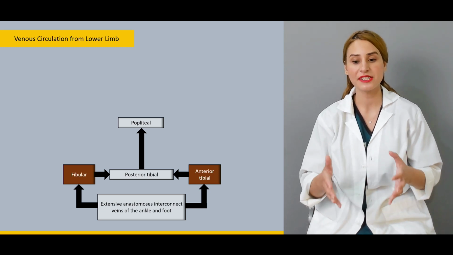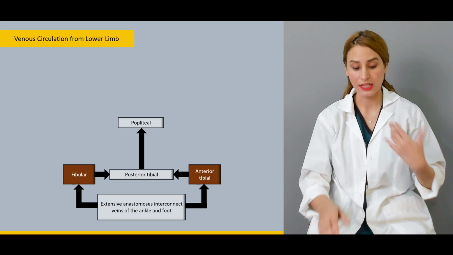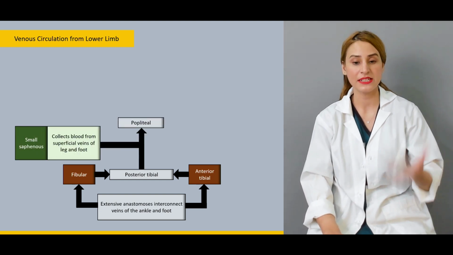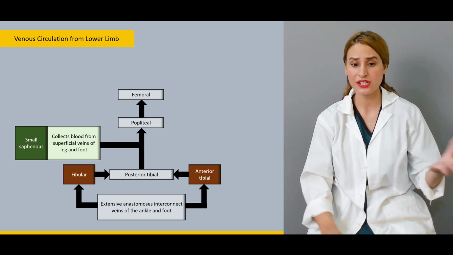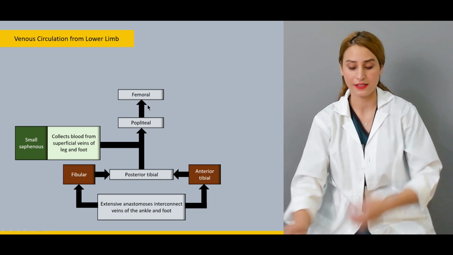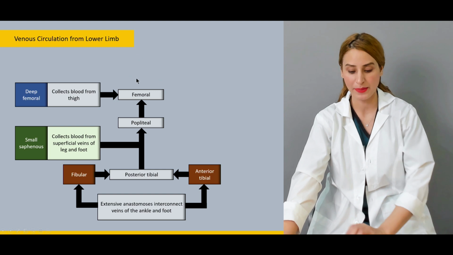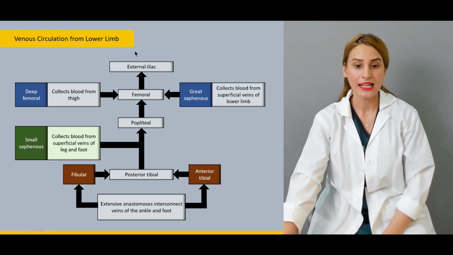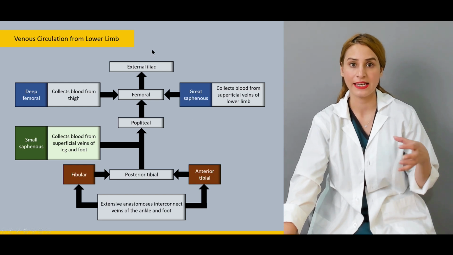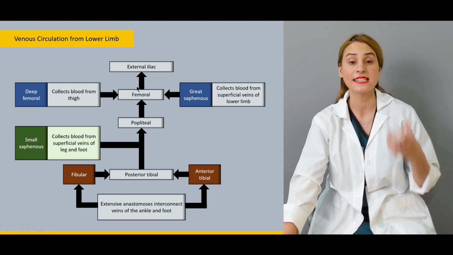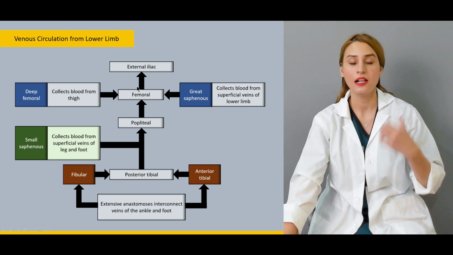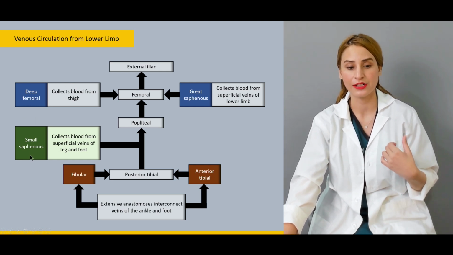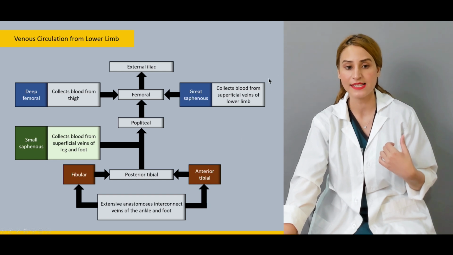So the fibular, posterior tibial, and anterior tibial drain together and form the popliteal, and the popliteal then drains into the femoral vein. You can appreciate in the picture that the femoral vein then drains into the external iliac veins. This whole thing is the deep system of the lower limb. But if we talk about the superficial system, you have the small saphenous and the great saphenous.